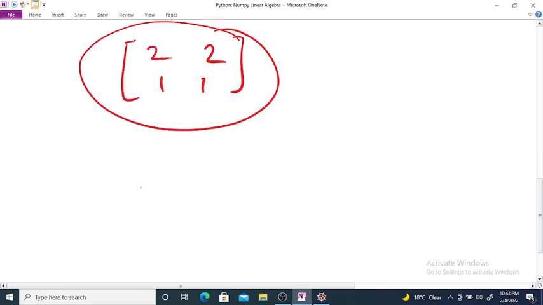If you evaluate this determinant, it is 2 minus 2, equal to 0.